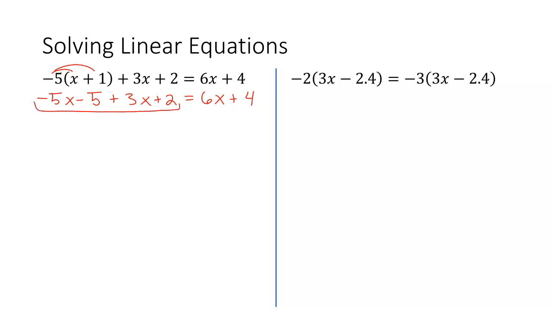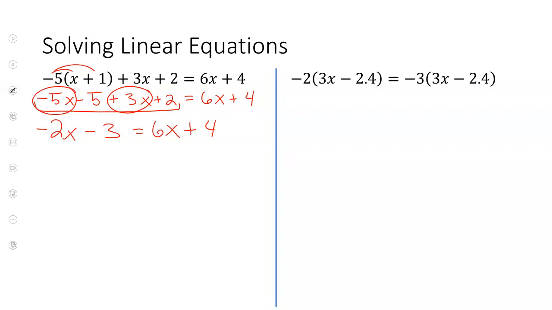Start with one side at a time. If I have a negative 5x and a 3x, what do those combine to? Negative 2x. And then I have negative 5 and 2, negative 3. And then on the right side, there are no like terms, so we can just rewrite the right side.